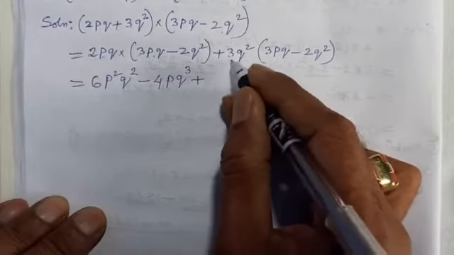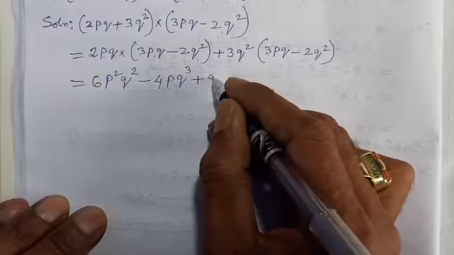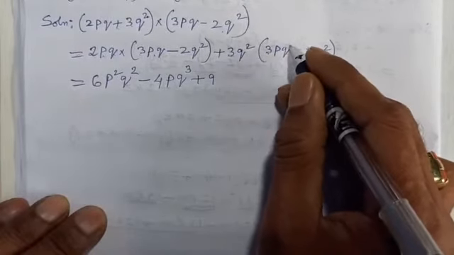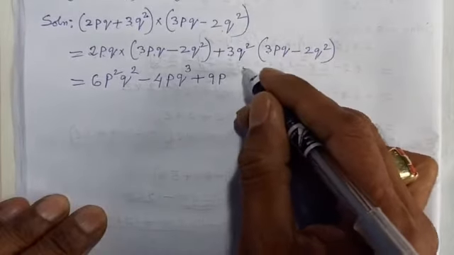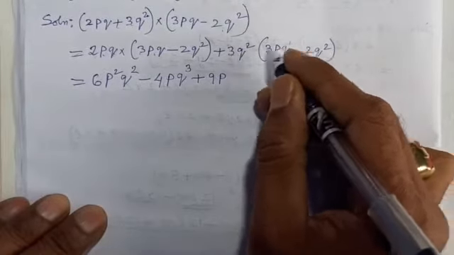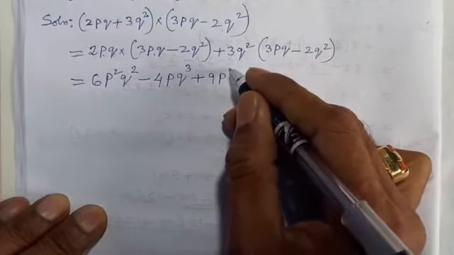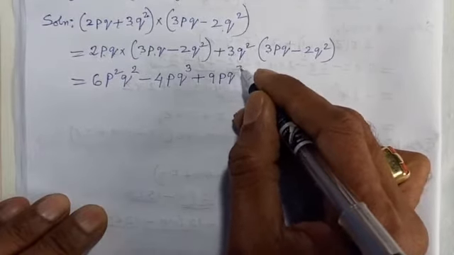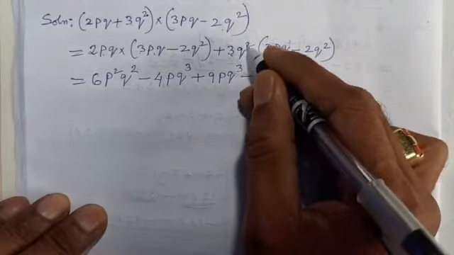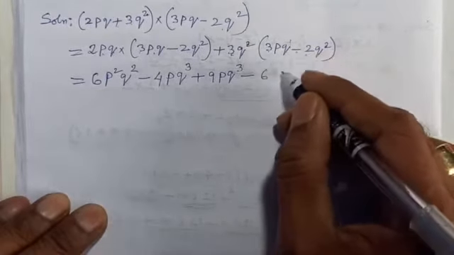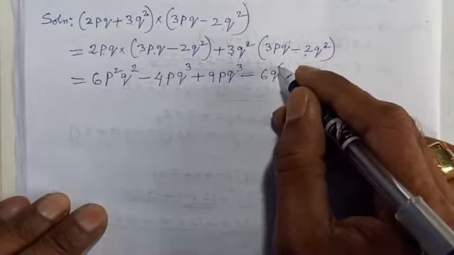Then plus sign, 3 into 3 is 9. Here q power 2, here q power 1, but let's write this p first. q squared into q is power 1 plus power 2 is power 3. q power 3. Then minus sign, 3 into 2 is 6. Here q power 2, here q power 2, 2 plus 2 is 4. So q to the power 4.